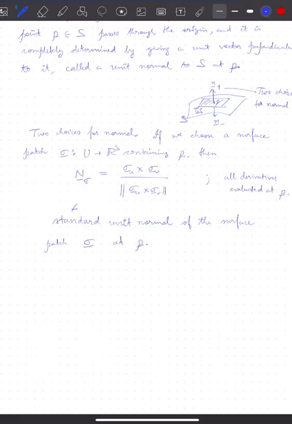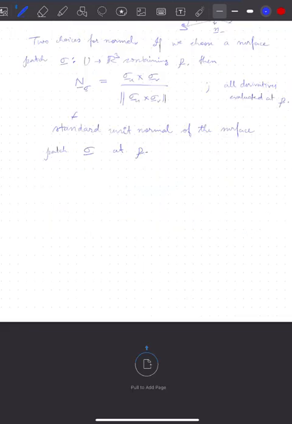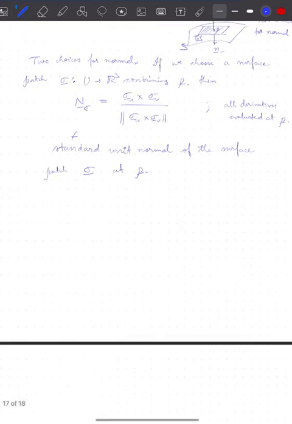However, what we see is that in the case of the tangent plane, we have a unique tangent plane.